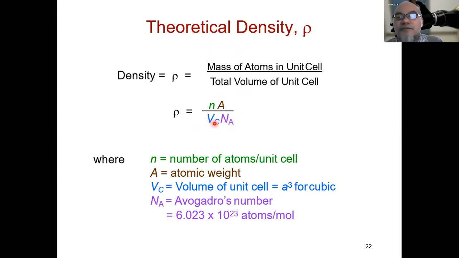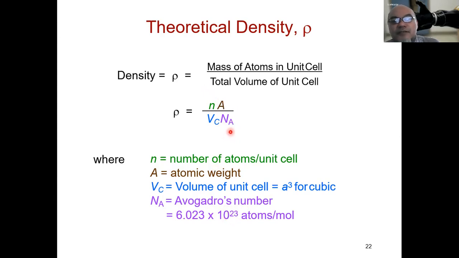The total volume of the unit cell. Sorry, so the mass of the atoms in the unit cell is the atomic weight times the number of atoms per unit cell, divided by the Avogadro's number, N_A.